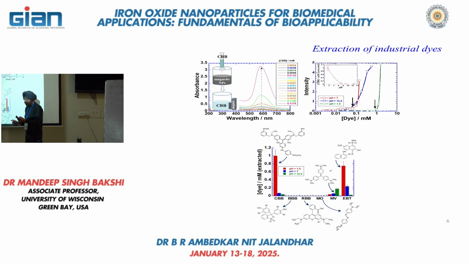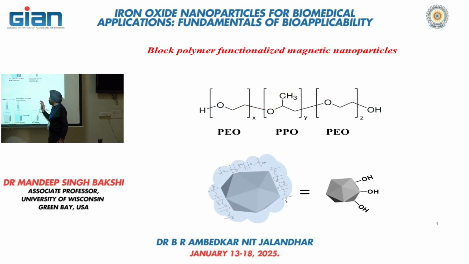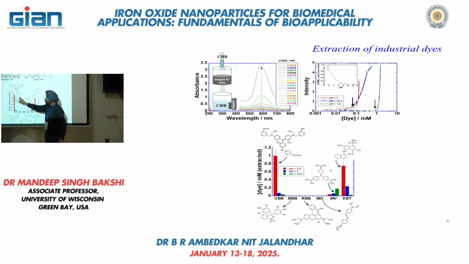Wherever the functional group on the magnetic nanoparticle has a stronger interaction, in this case with the brilliant blue dye, the extraction is maximum. But where the functional group has minimum interaction, extraction is not happening with the titration.